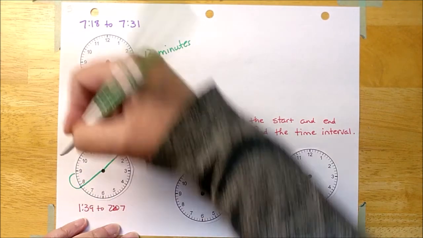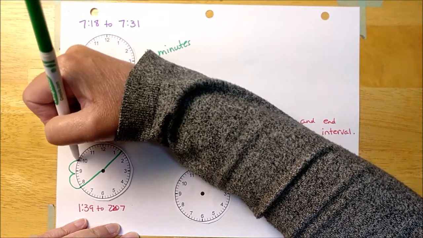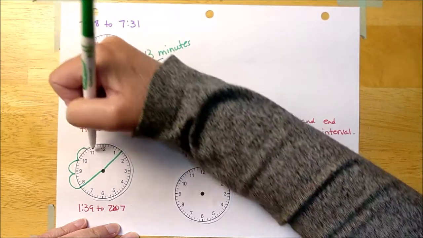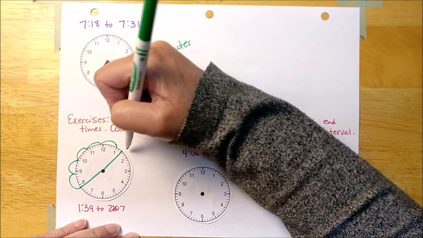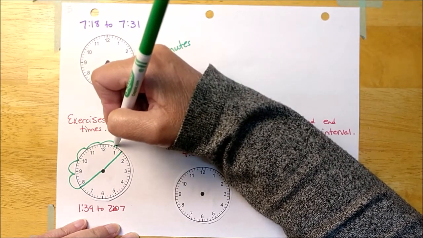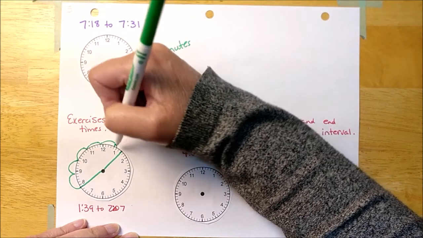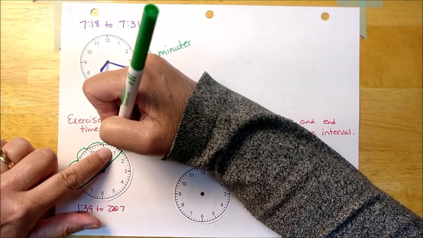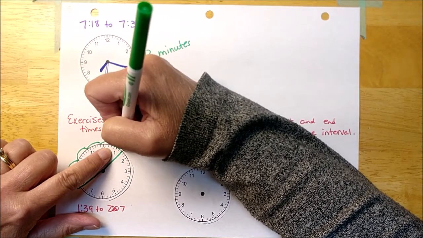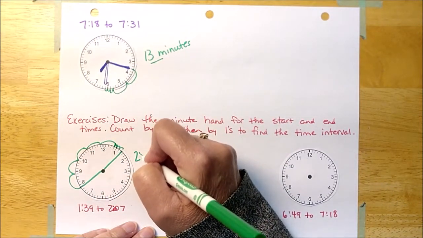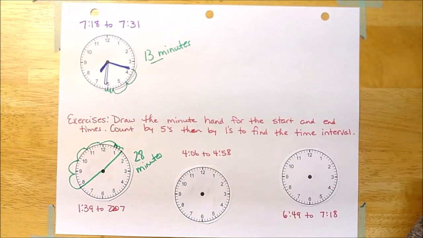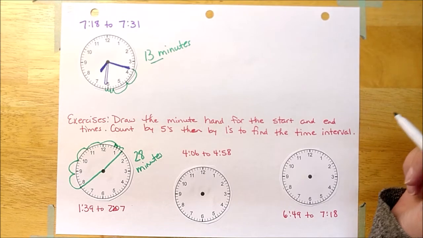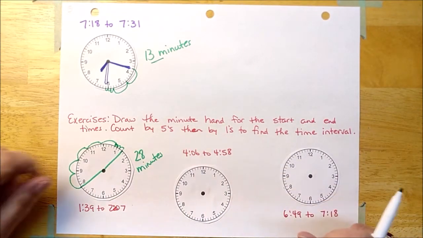So that's 5, 10, 15, 20, 25, and oops, 25 is right there. If I go to another one, I'm too far. So 25, 26, 27, 28. 28 minutes. Ah, that was a good one. That was close. If you said that's almost 30 minutes, you were very close.